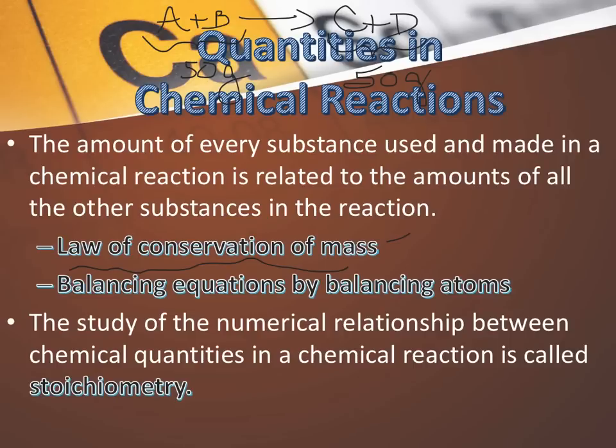That's an important understanding of the law of conservation of mass. You might see a multiple choice question that asks you to predict the mass of product made, and you would use the law of conservation of mass to do this.